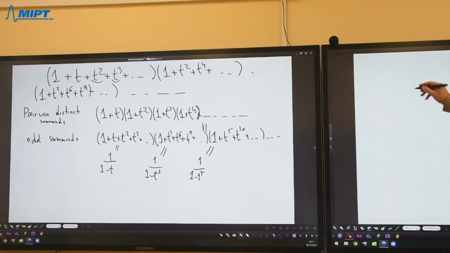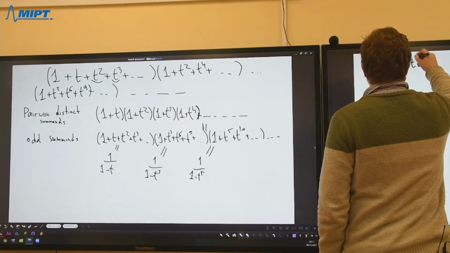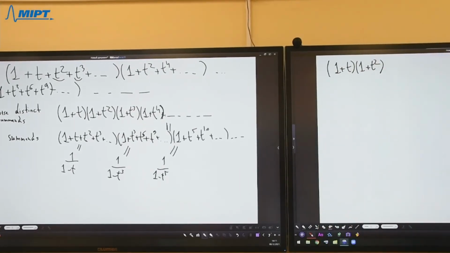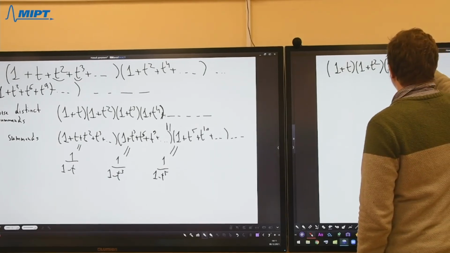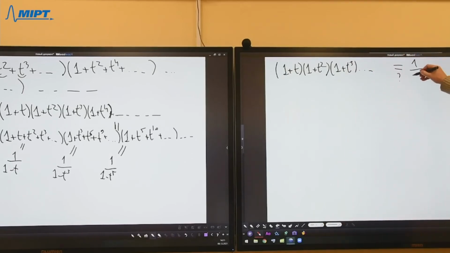We need to prove that 1 plus t times 1 plus t squared, 1 plus t cubed, and so on, is somehow equal to 1 over 1 minus t times 1 over 1 minus t cubed times 1 over 1 minus t to the 5th power, and so on.